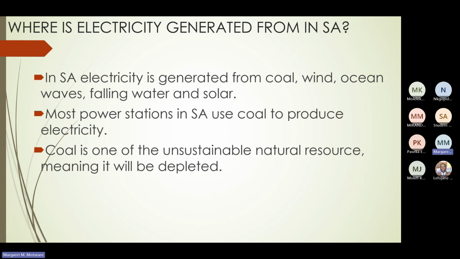Most power stations in South Africa use coal to produce electricity. Coal is one of the unsustainable natural resources. So coal is a natural resource, but it is unsustainable, meaning it will be depleted. It means at some point, there will not be any coal in South Africa.